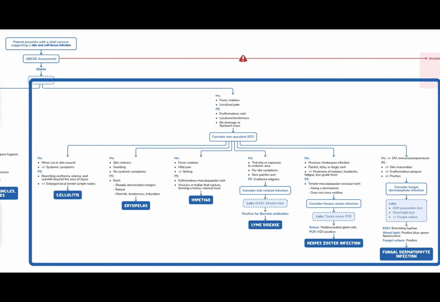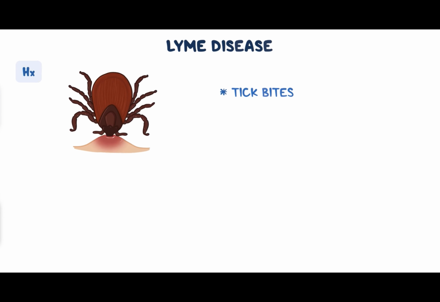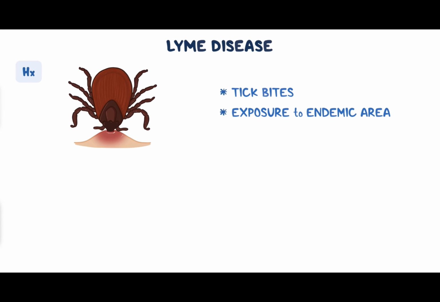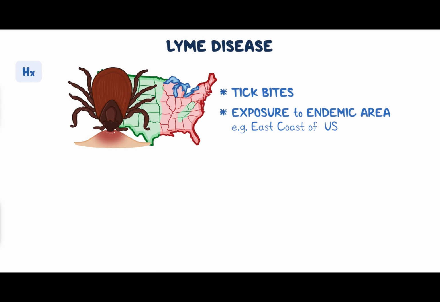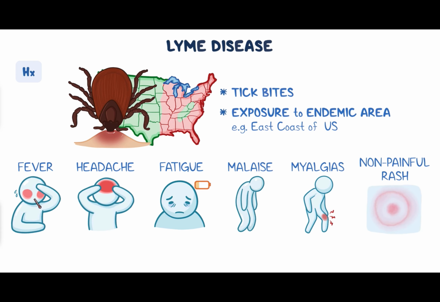Lastly, let's discuss a more rare type of SSTI associated with Lyme disease. History often reveals tick bites or exposure to an endemic area like the eastern coast of the U.S. Patients also report flu-like symptoms like fever, headache, fatigue, malaise, or myalgias, as well as a non-painful rash at the site of a tick bite.